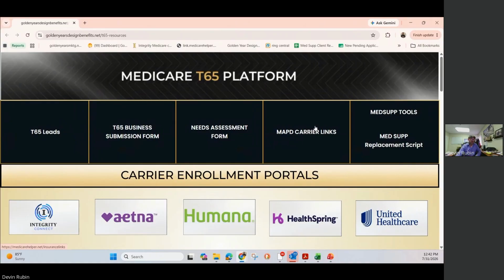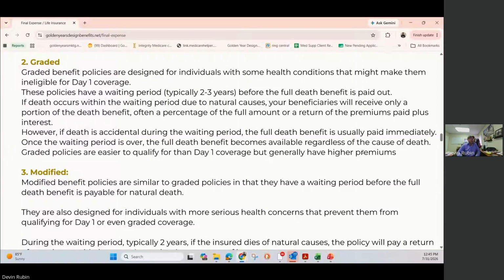So let's talk about level or day one coverage. All right. So level or day one coverage, this type of policy provides immediate full coverage for both natural and accidental death for the very first day the policy is in effect. It's designed for people in relatively good health and generally has the lowest premiums amongst the final expense options.